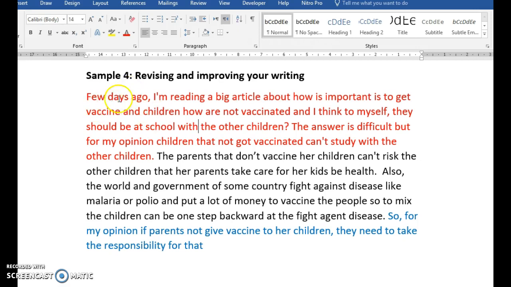So I can go back and say, a few days ago, I read, because it's the past, a big article about how important it is to get vaccine and children who, not how, are not vaccinated.